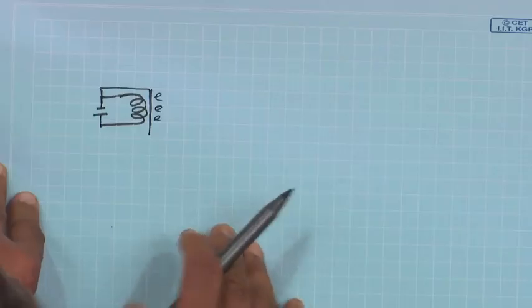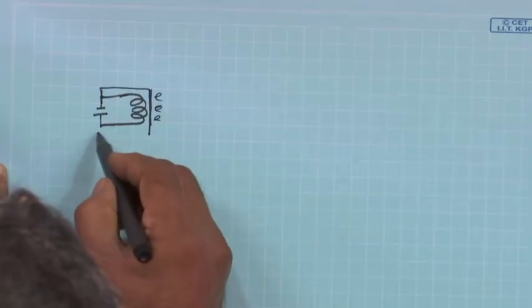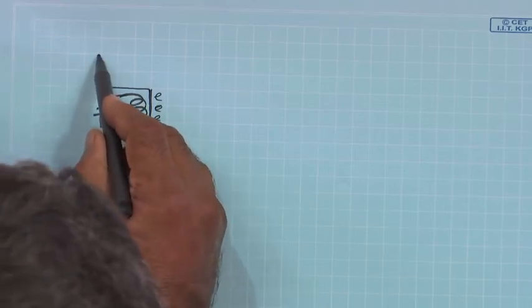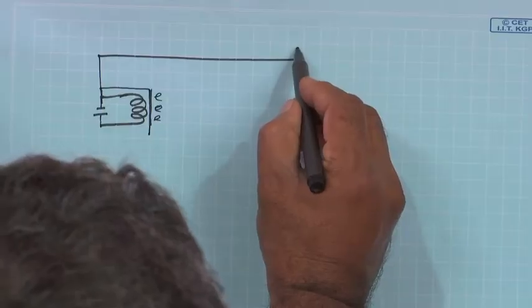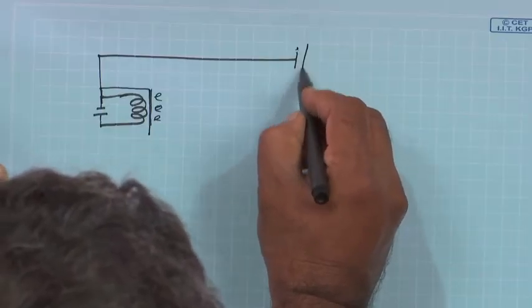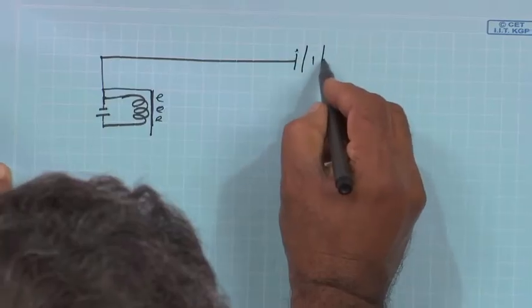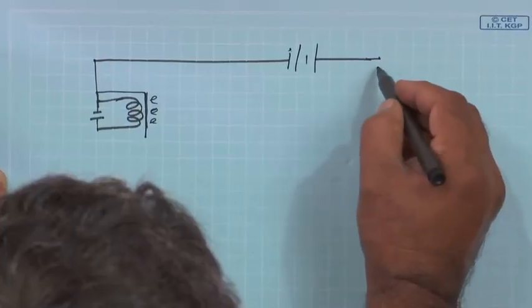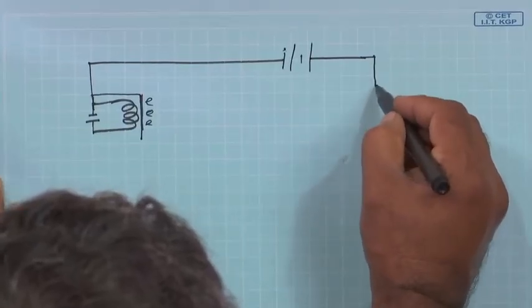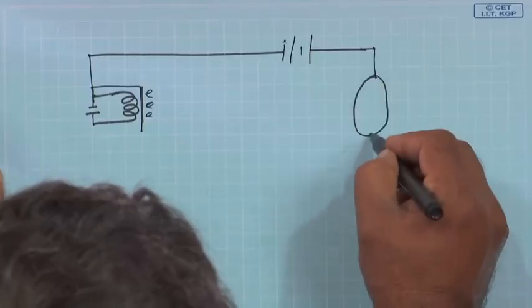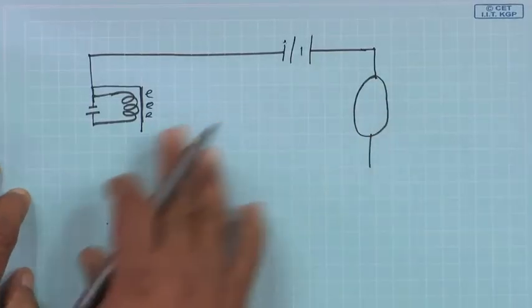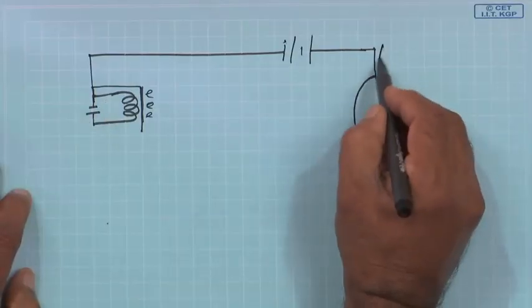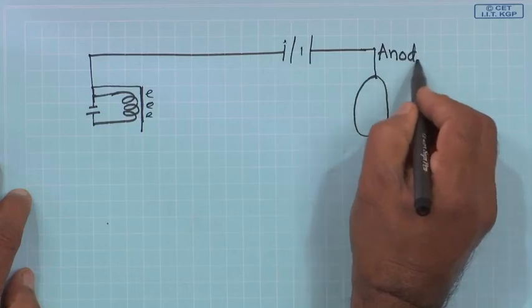Now, if I apply a very high voltage between a screen and the cathode, this screen we call an anode.